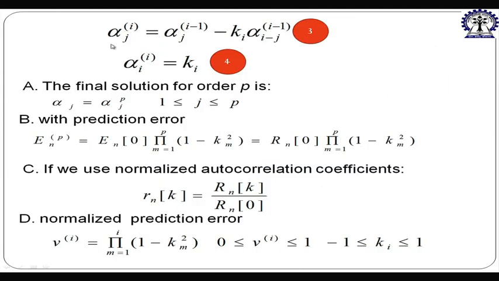Then we can solve for alpha j I and this alpha I k I. This is the fourth equation.